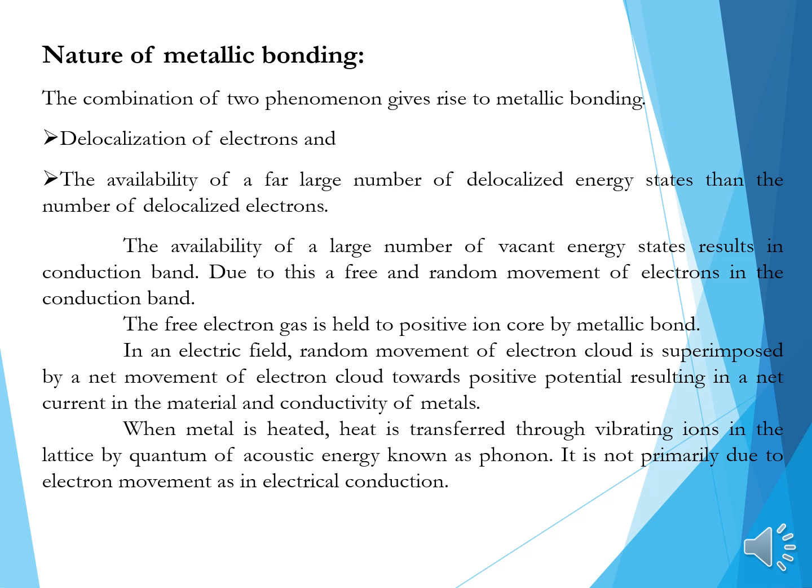Phonon is an imaginary particle which transfers energy in immobile positive ions sitting in lattice points. It is not primarily due to electron movement as it is in the case of electrical conduction. So, electrical conductivity is due to the movement of electron gas, and thermal conductivity is due to the transfer of phonons.